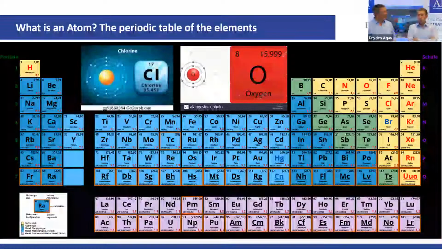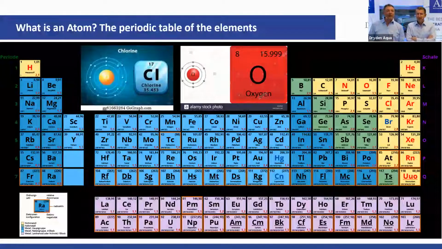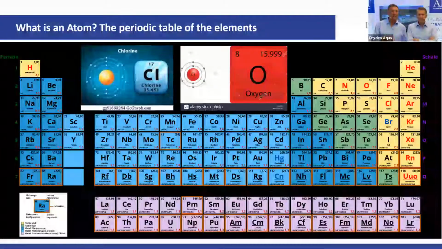Let's have a look at the periodic system. Here you have all the elements that we know, or at least I know. You start here with hydrogen, which has 1 proton and 1 electron and 1 neutron, and then you have here the helium, and then you go on to the next period.